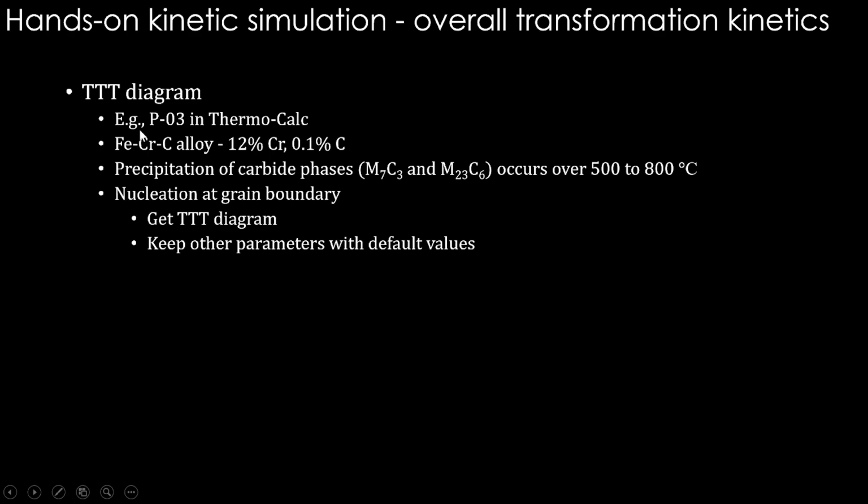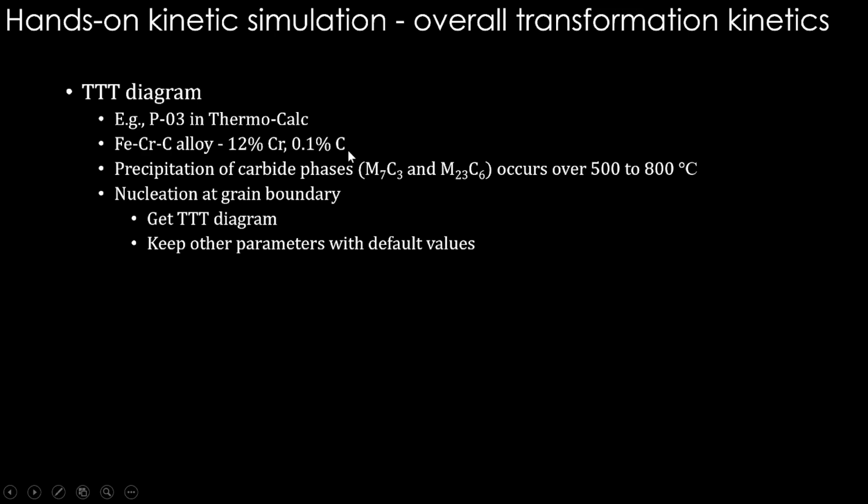There is an example in Thermo-Calc, P03 precipitation module 03, with an iron-chromium-carbon alloy, which has 12% of chromium and 0.1% of carbon, the rest is iron. This alloy is a high chromium steel, where 0.1% carbon is used.